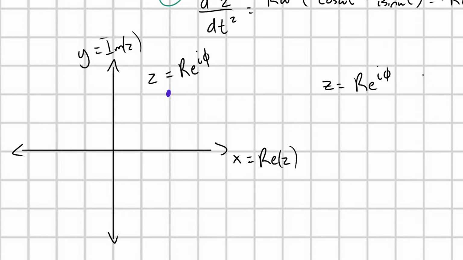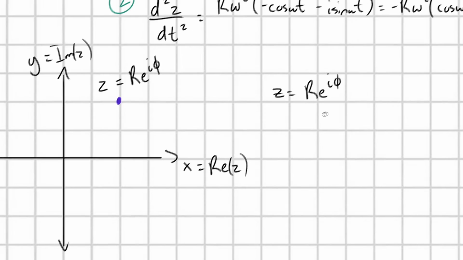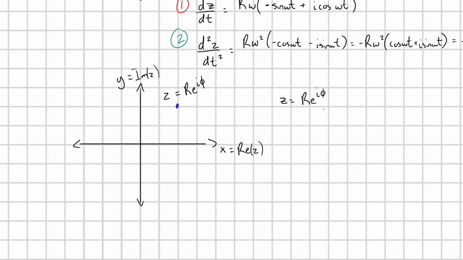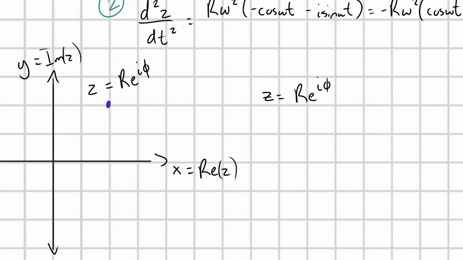I don't know if this number is going to have a real part and an imaginary part, or just a real part, but it's some number. And as long as we have a number, we can represent a position in the complex plane, okay? Do we feel great about that? Now from here, I need to confirm that this position actually corresponds to a position on a circle.